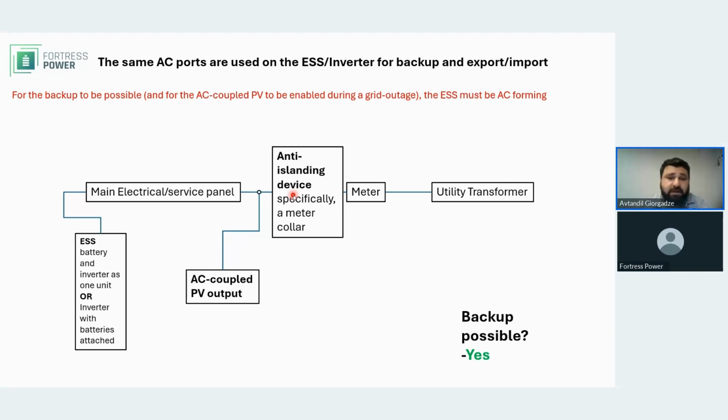If the grid is unavailable and you still have voltage, that is your backup port, right? Or when the grid is available, an anti-islanding device allows that power to flow to the grid. You have the same ports responsible for exporting power to the grid or importing power from the grid if you need to charge your batteries using the grid.